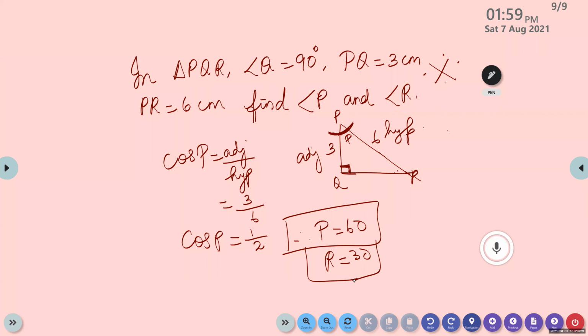R is 30. Don't go with angle sum property in a right angle triangle. Actually, this is 90, so when you add the other two acute angles, it will be 90. So P is 60, and R is 30.